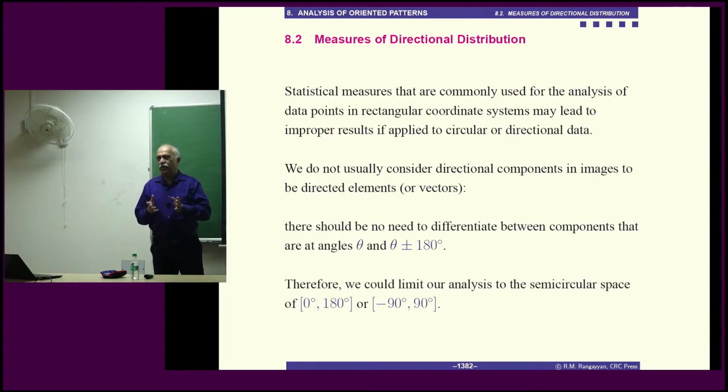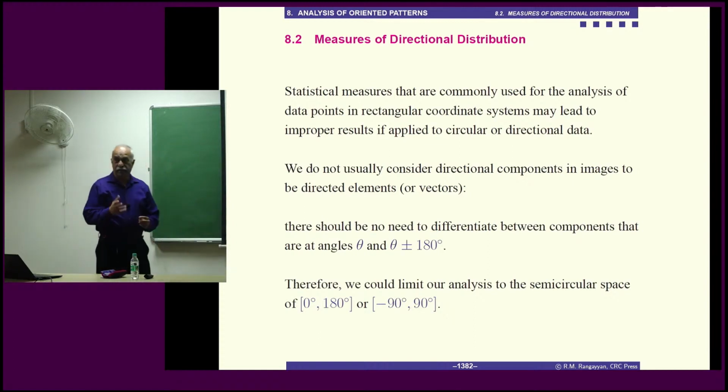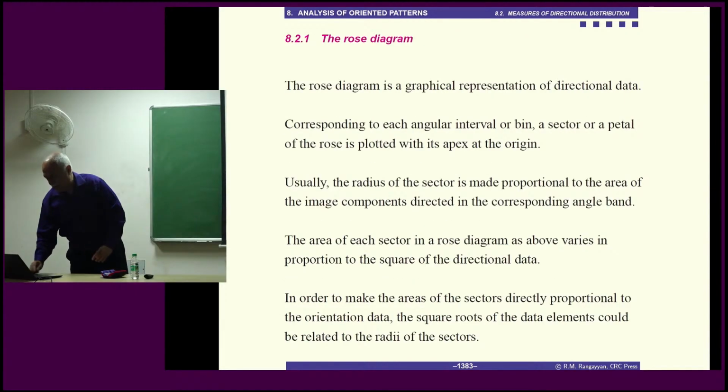In most cases, 0 to 180 will be suitable because a line going like that could be oriented that way or this way, it doesn't matter. So we could limit our analysis to half the circle, 0 to 180, or if you prefer, plus minus 90 degrees above the horizontal, depending on the application.